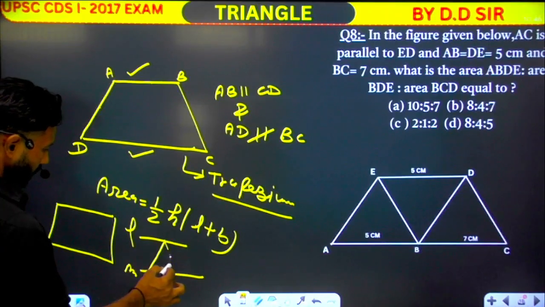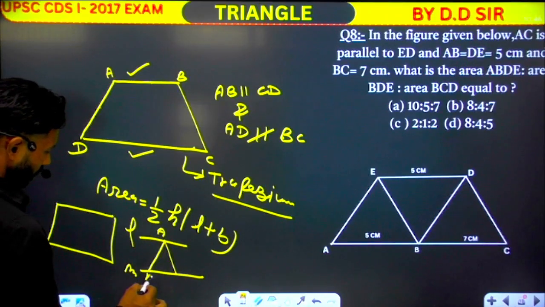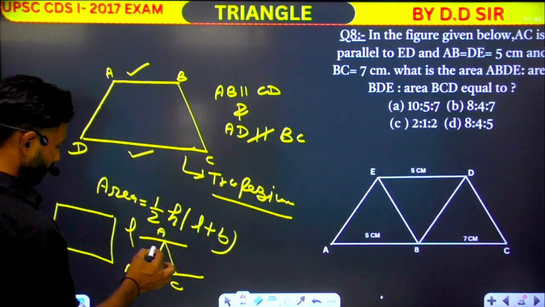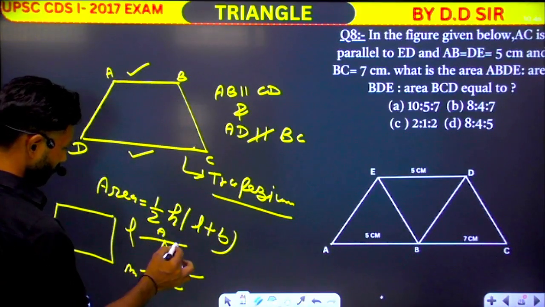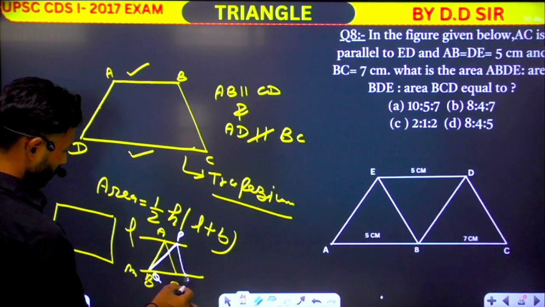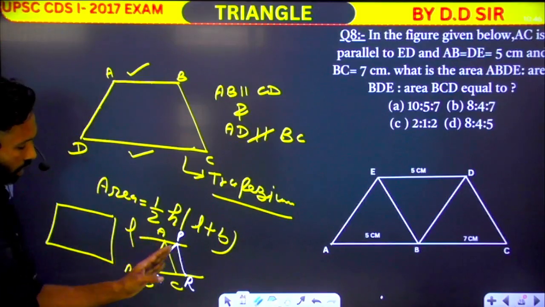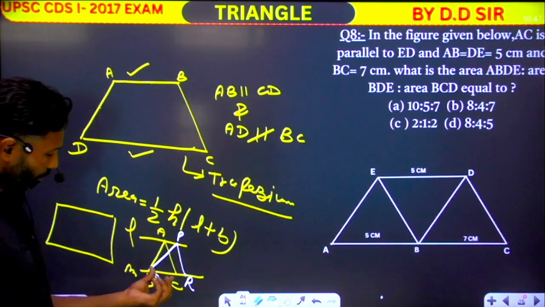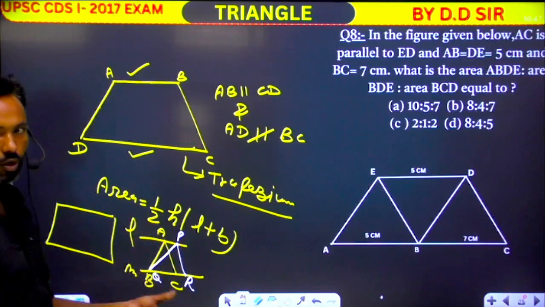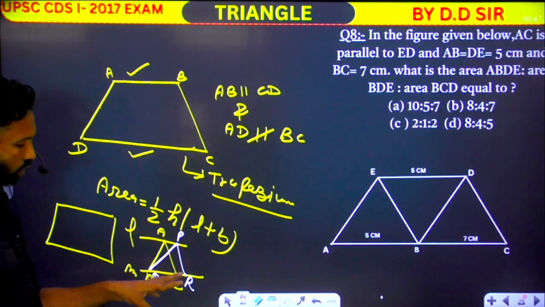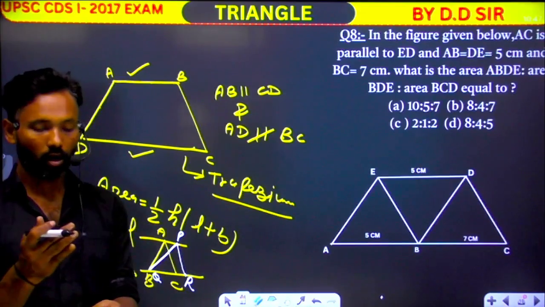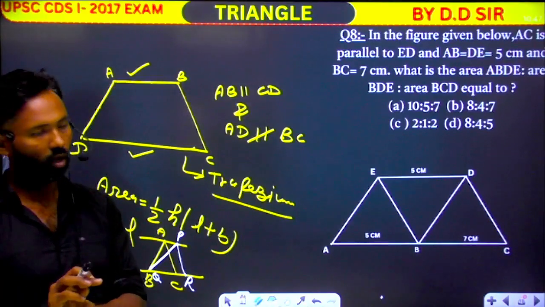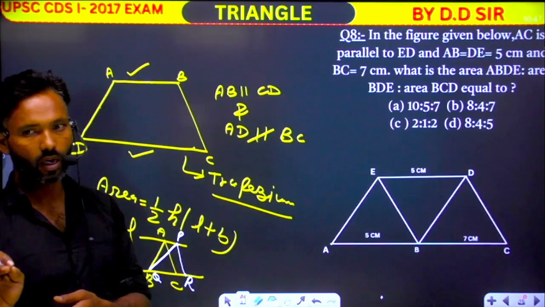I'm drawing a triangle ABC, and there is another triangle PQR. The areas of these two triangles will be equal. Understand that? If the bases are equal, then the areas will also be equal. But if the bases are not equal, then the areas will be in the ratio of their respective bases.